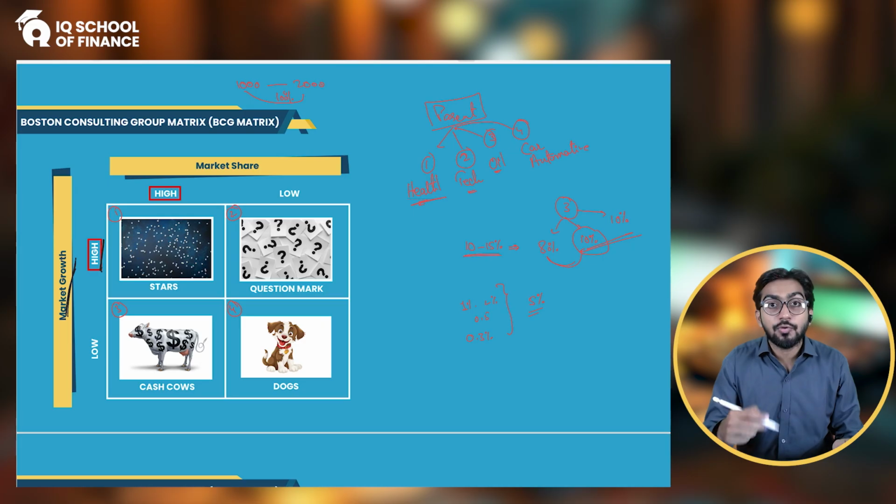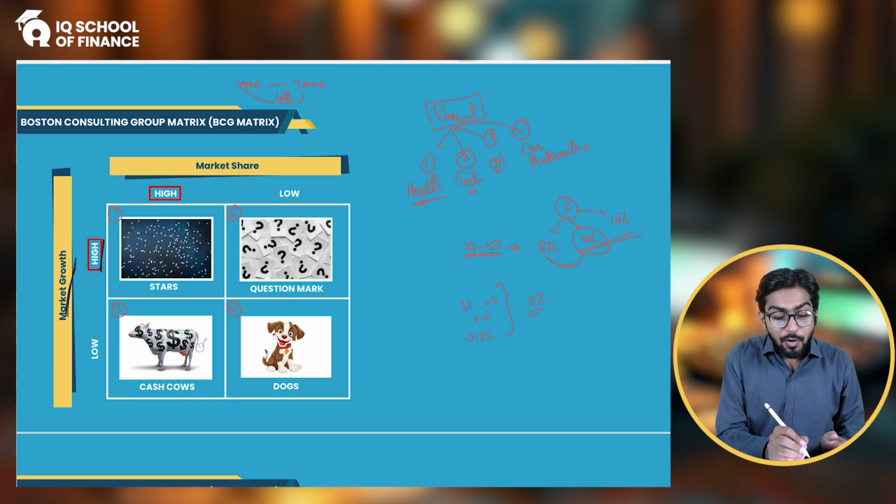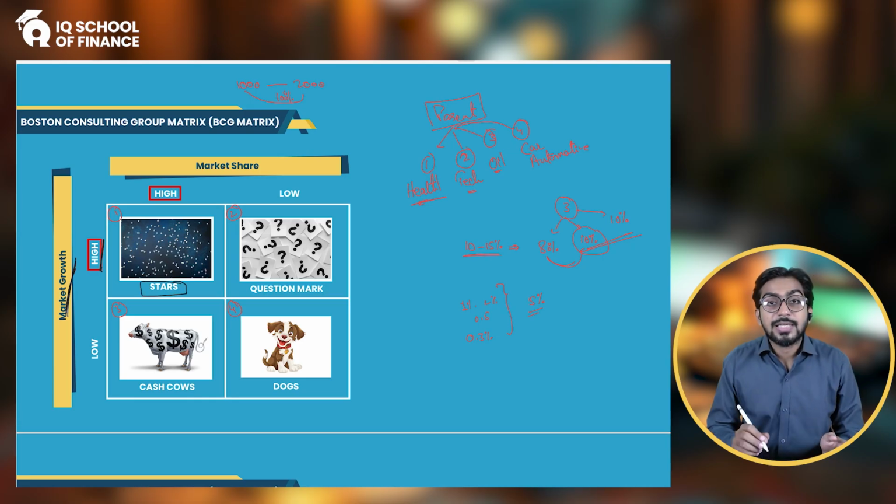That means that you can see that the market will grow in the future. So now we will say that your product is a star product. Your product is a star product because you have a high market share in this market. You have a high share, for example, 10%, 15%, 20%. This is your market share.